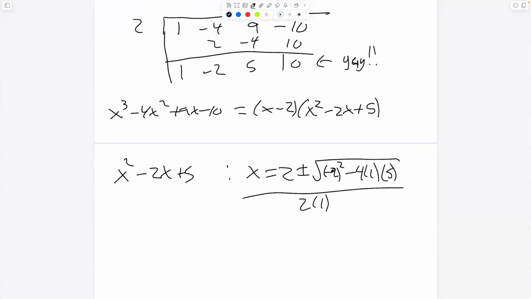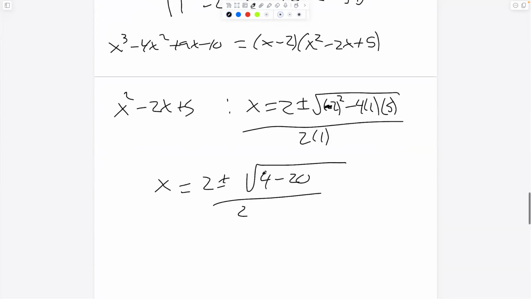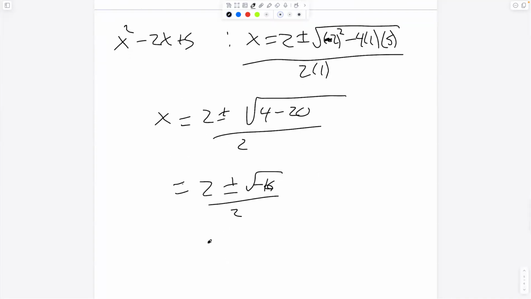In fact, I recommend not even putting that negative in because you're going to square it away anyways. -2 squared is positive 4, over 2. 4 minus 20, of course, is -16. We're going to get complex solutions here, complex roots. Square root of -16 is 4i.